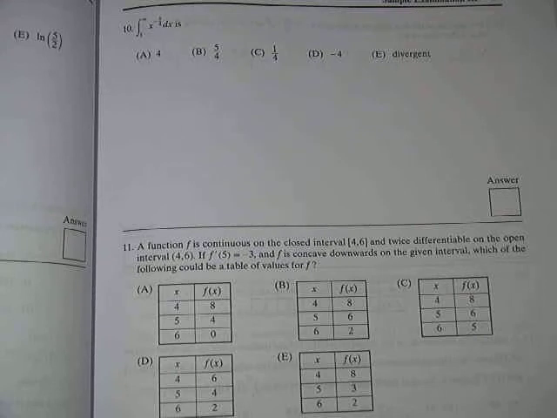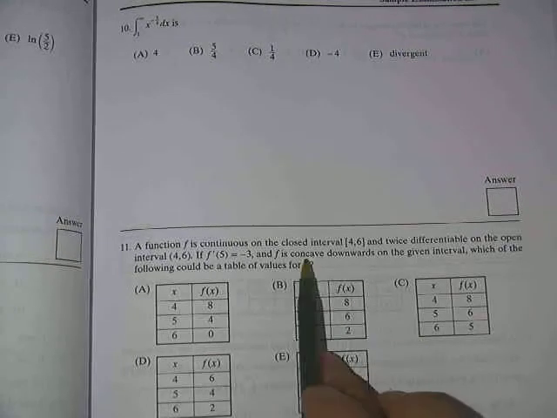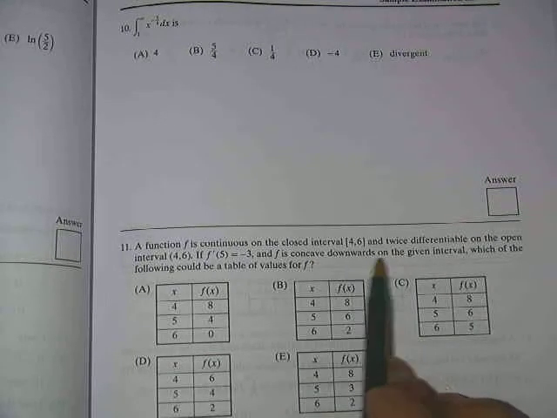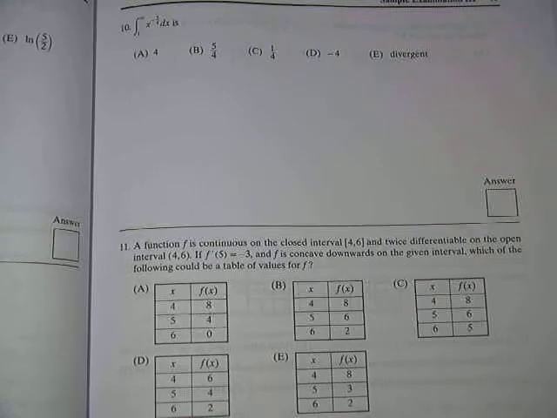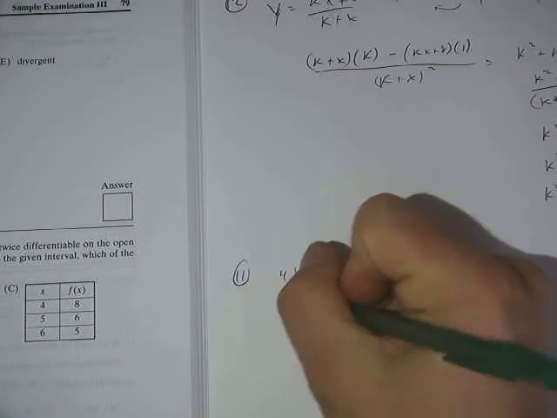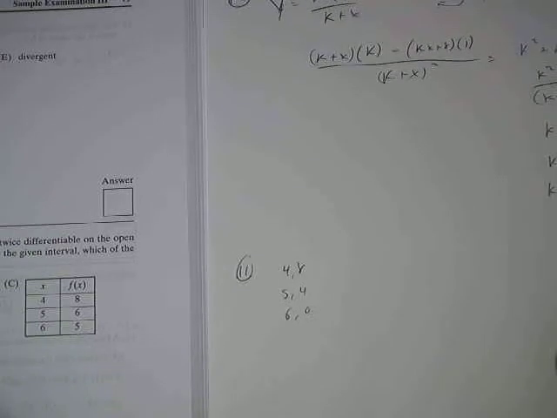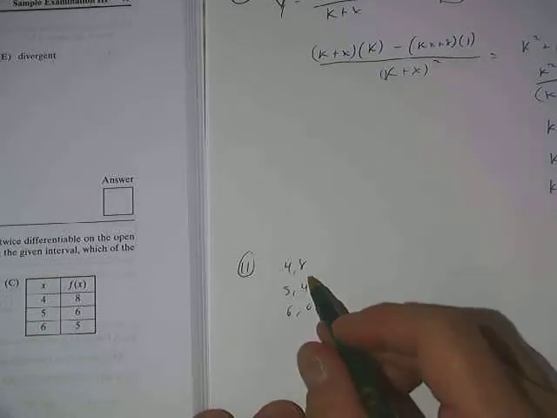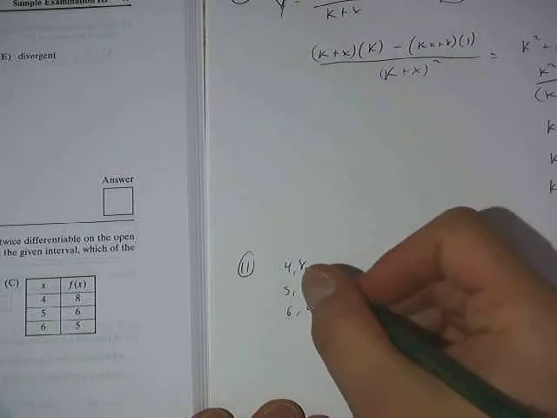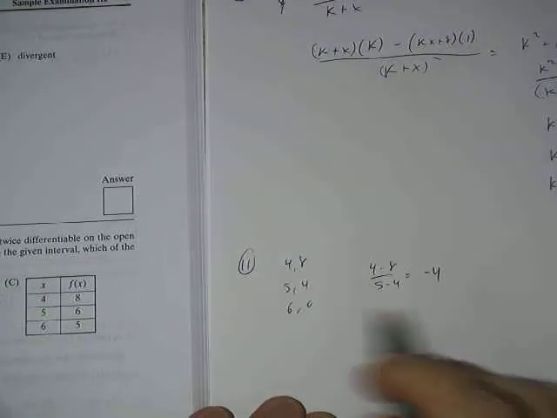Okay. All right. And with that, if we look at the concavity part here, keeping in mind that this thing has to be concave down, and with the derivative of negative 3 at 5, if we look at the y values, let's say of the first one, we have 4, 8, and 5, 4, and then 6, 0. If we have those as our 3 points, if we were to do a calculation here, we would have 4 minus 8 over 5 minus 4, that would be negative 4 for a slope between these two.